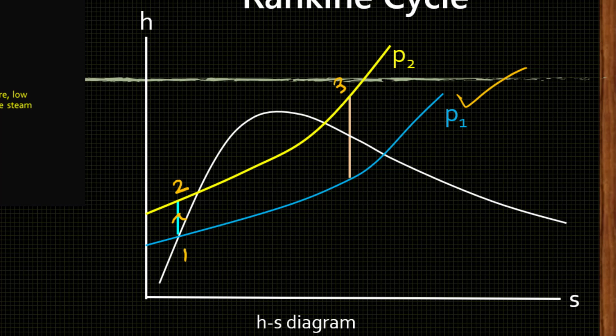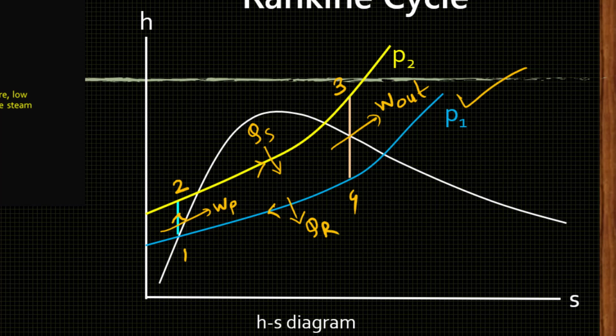So this is 3, 4. This is QS. This is WP, pump work done on the system. 3-4 is isentropic expansion, the work output of the turbine. And 4-1 is in the condenser, which is heat rejection at constant low pressure.